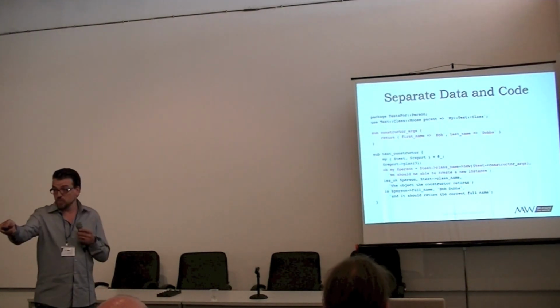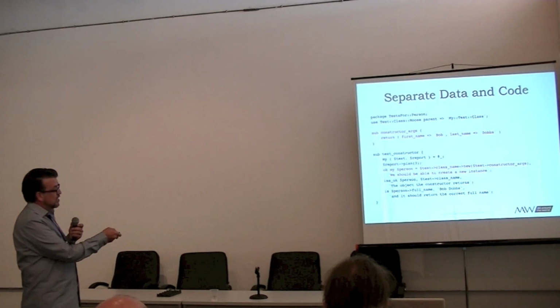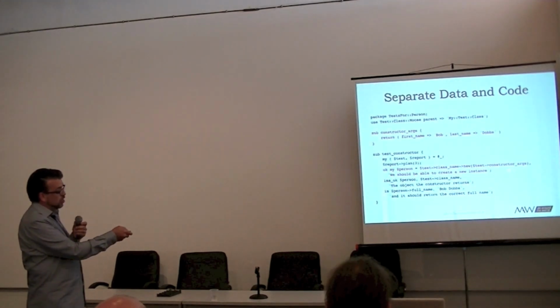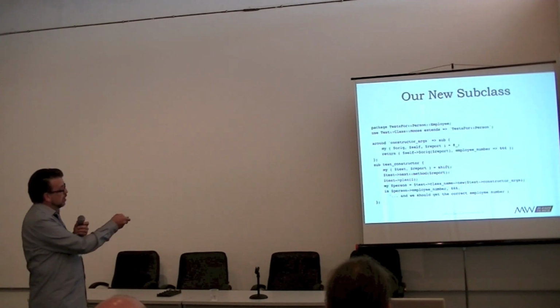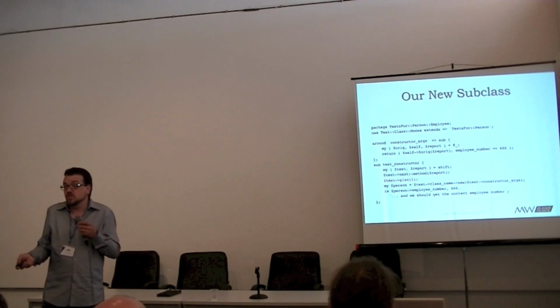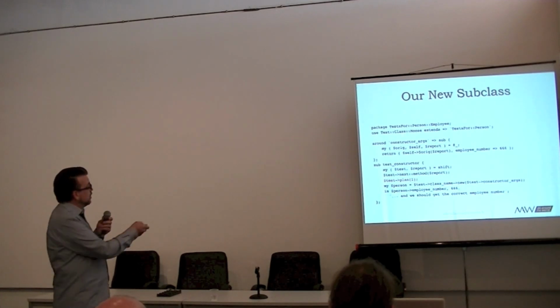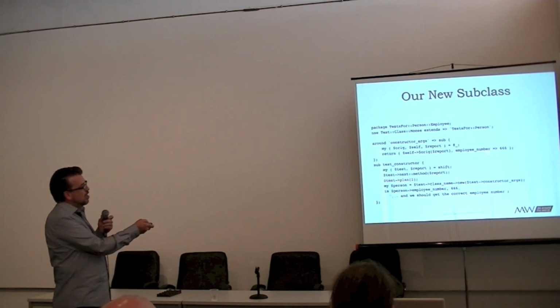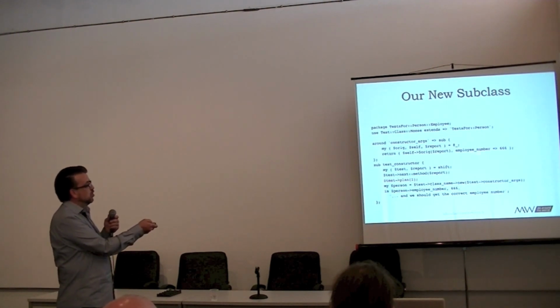However, as you pointed out, we now have test class name, so that's part of our fix. And by separating the data from the actual code, in our test for person employee, around constructor args, because hey, this is Moose, we've got all the Moose available, we return our original constructor args, and we add on this new thing for the constructor arg employee number.